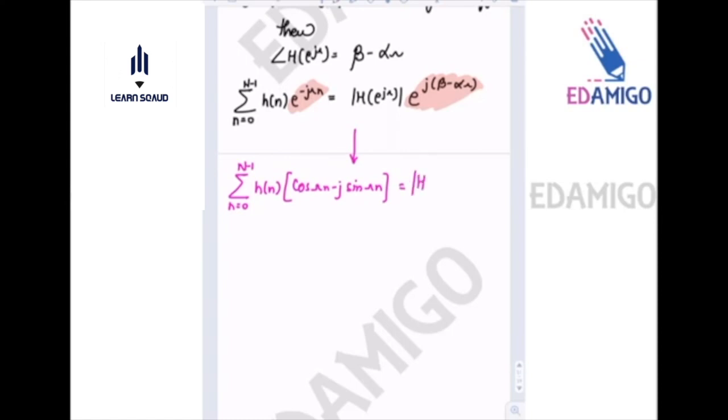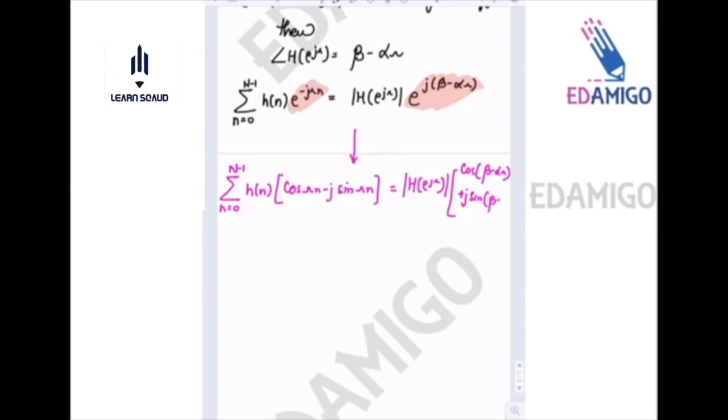So here it will be the magnitude times (cos of (beta minus alpha σ) plus j sin of (beta minus alpha σ)).